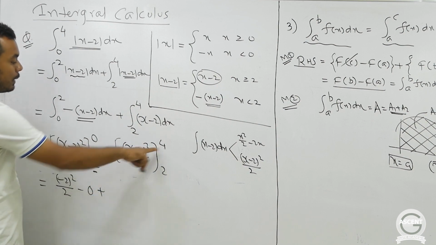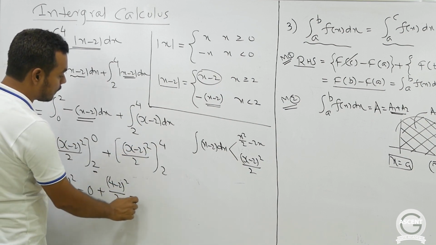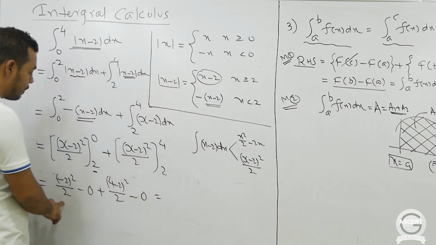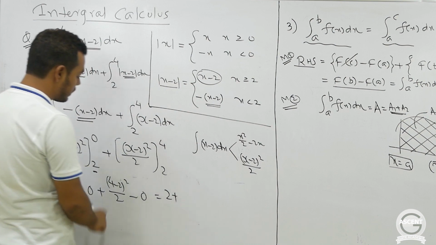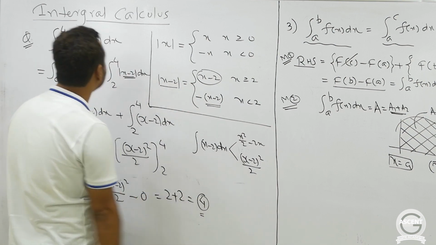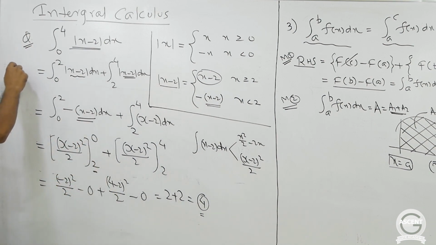Plus if I place 4 here, I get (4 minus 2) square by 2, and placing 2 gives 0. So this gives us 4 by 2, which is 2, plus 2 square by 2, which is 2. So this will be 4. The answer will be 4 units.